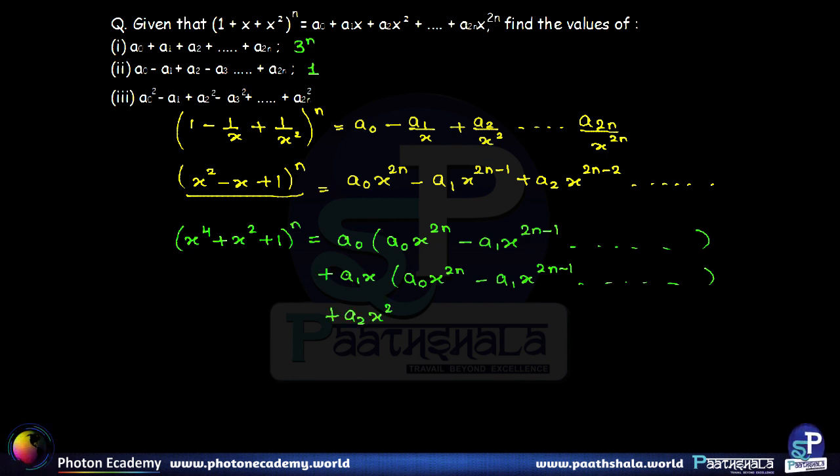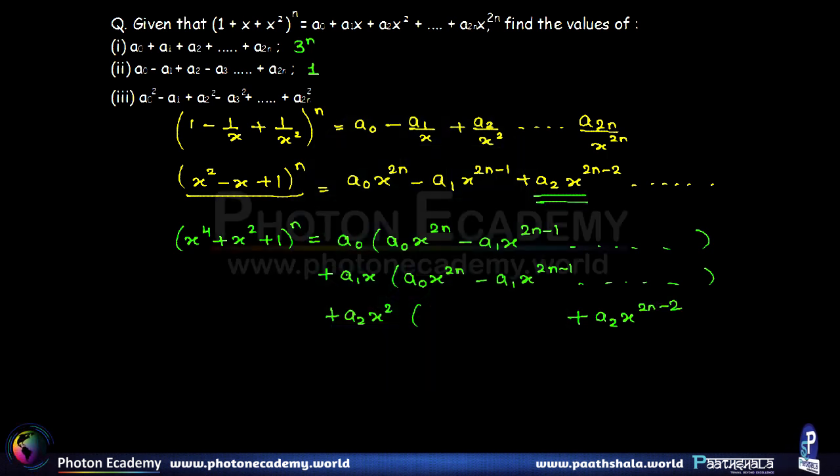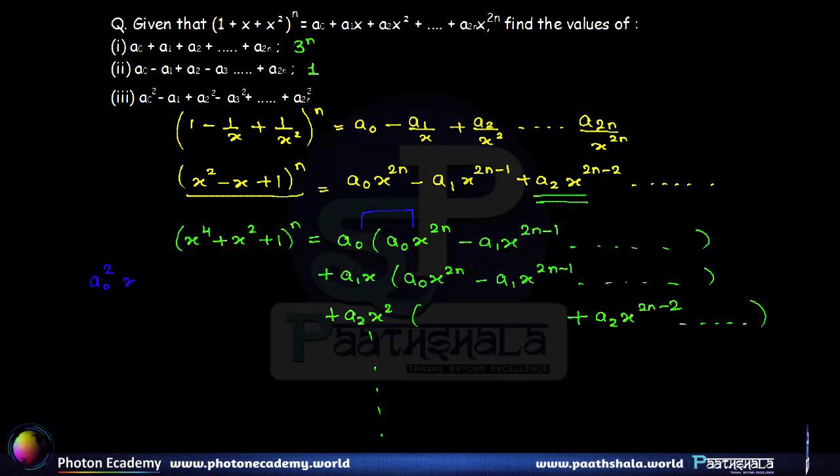And the next term is a2x square. So the first two terms will be the same. The third term is plus a2x raised to 2n minus 2 is this term, and so on and so forth, and this will also go on. So now over here, if we multiply this into this, we have a0 square x raised to 2n.